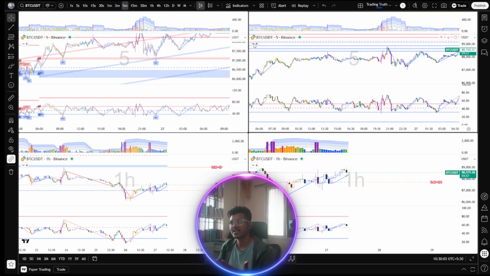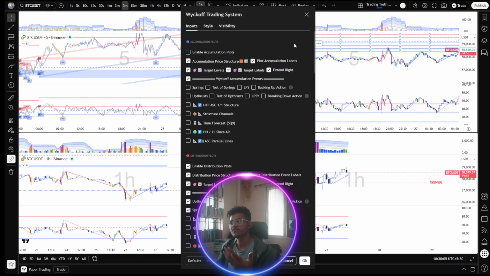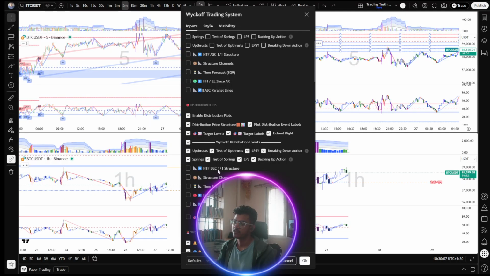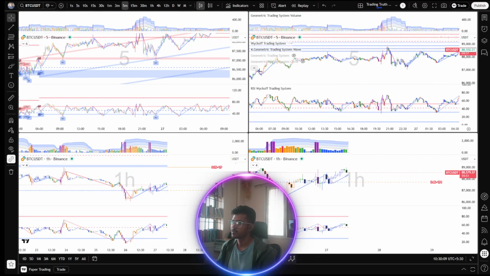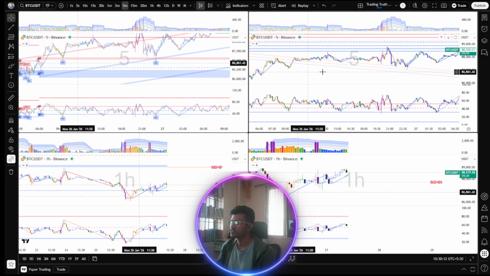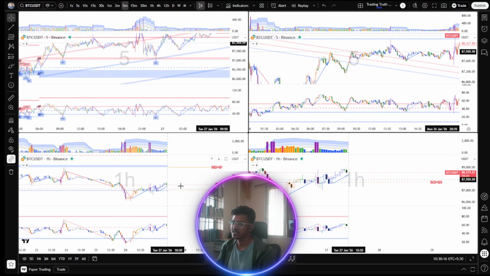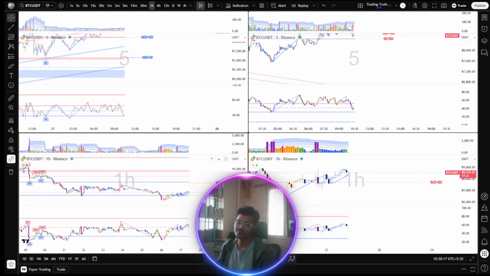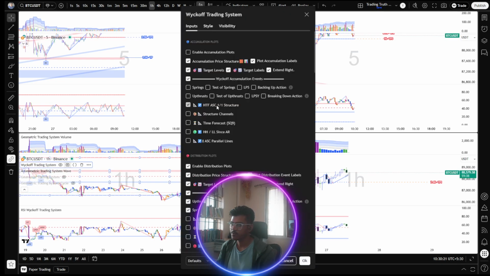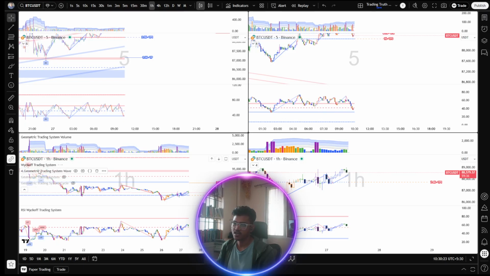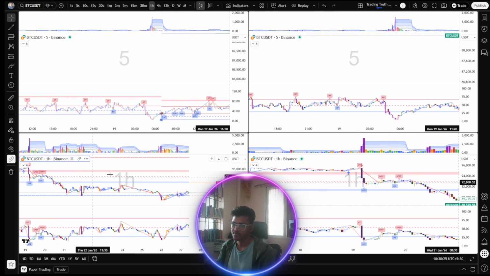We are doing the descending distribution structure. Okay, so I'll do it here. Descending distribution structure. It's much smaller, but you can see it, and I'll apply it in 1 hour time frame as well, so that we can be more generalized about it.